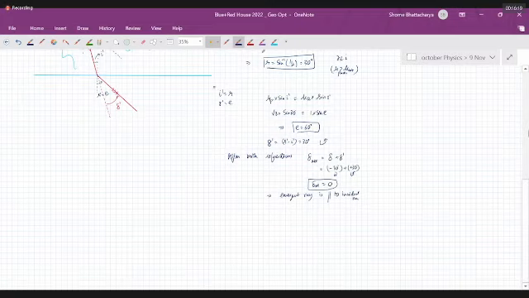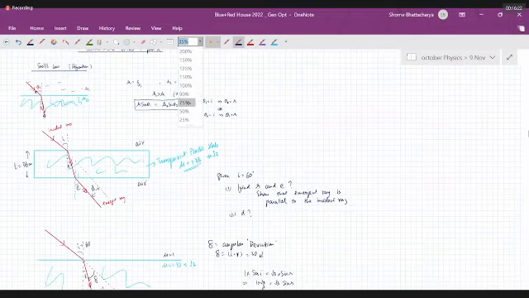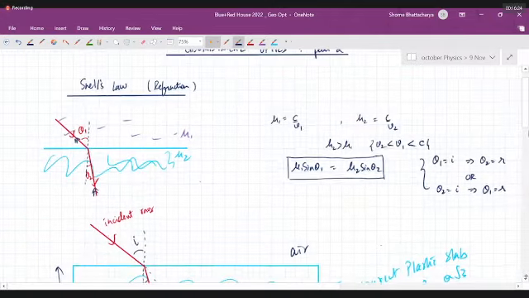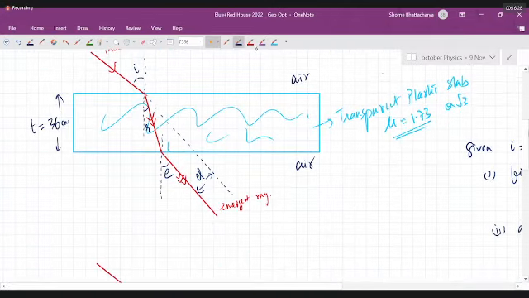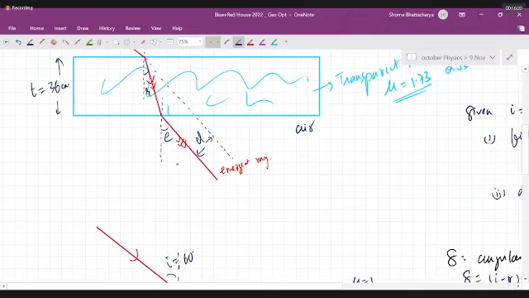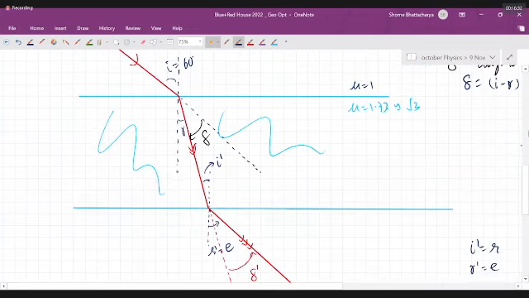All right. So now to understand this thing, we can do two constructions here. One is that we can complete this right angle triangle.